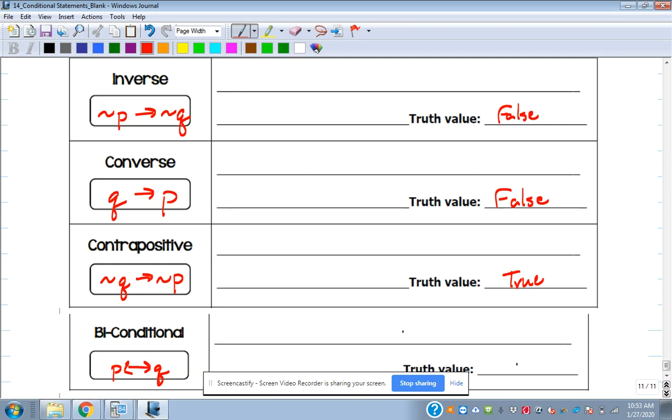The conditional and what else has to be true? The converse. The conditional and the converse have to be true. The converse in this case is false. So that makes the biconditional false.